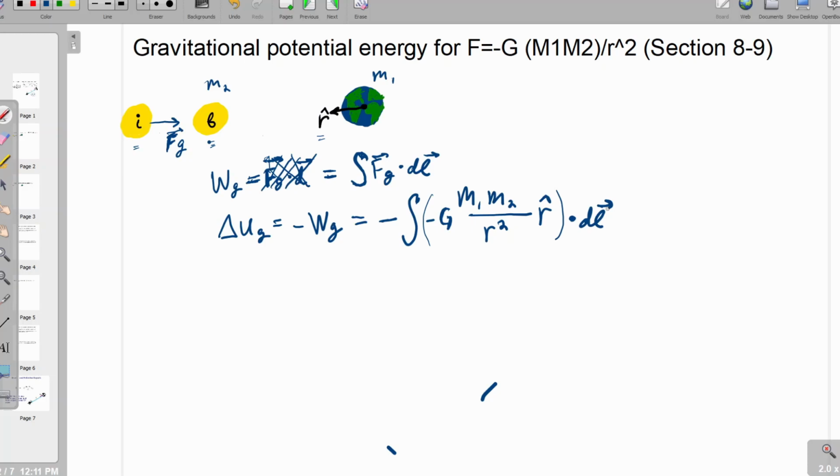Now, of course, these two minus signs will cancel each other out. And r hat is going this way. dl is going in this way, so dl is going to be a small displacement element along this direction there. So r hat dot dl is just going to be dr.